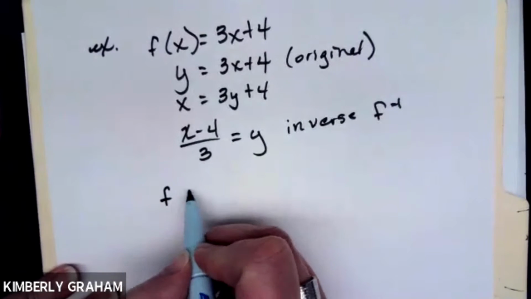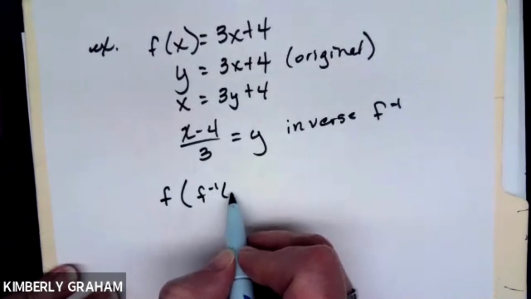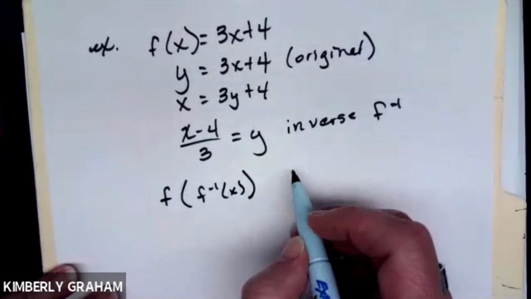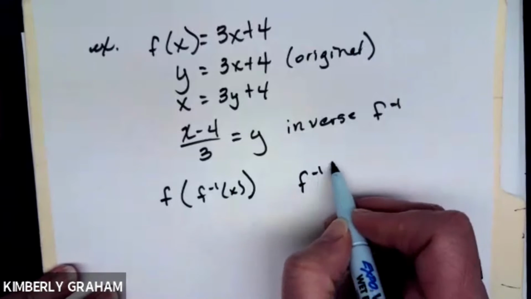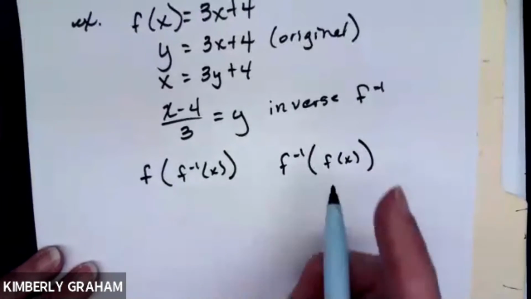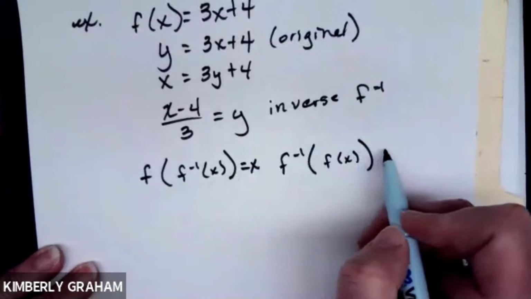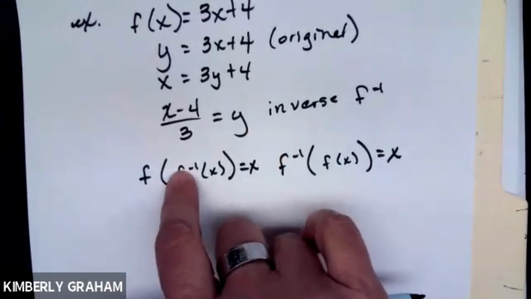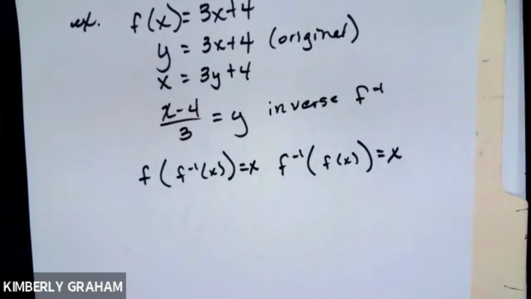If we found f of f inverse of x, or if I found f inverse of f of x, either way, I am going to get x if my domain is restricted. Y'all remember that when you do inverses, they're opposites of each other.